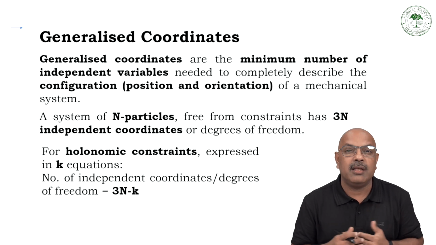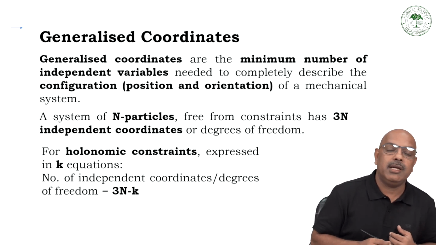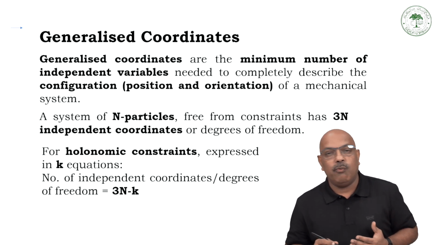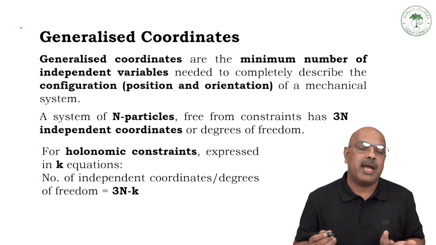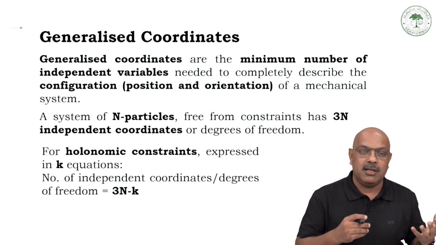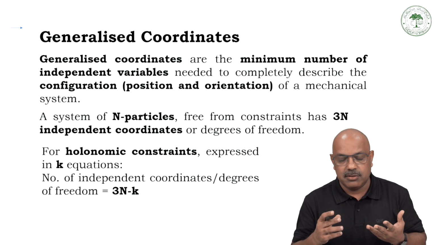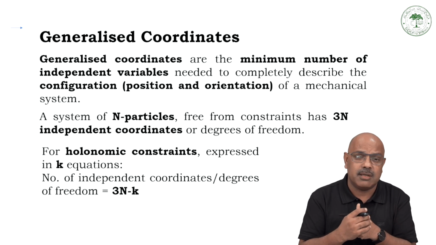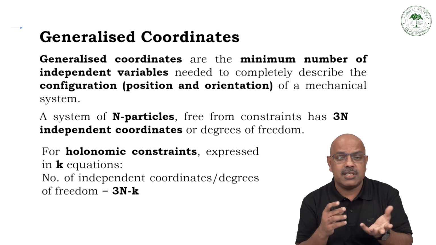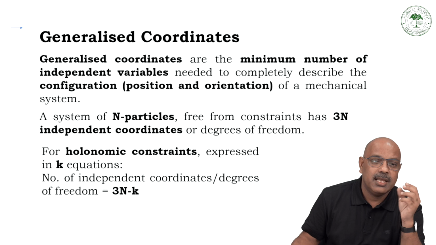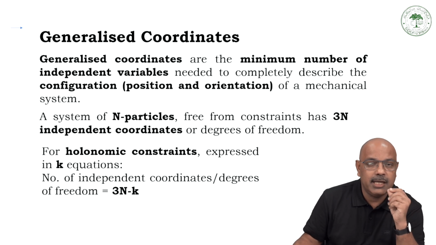Generalized coordinates are the minimum number of independent variables or coordinates we need to completely describe the configuration of a mechanical system, that is, its position and orientation. That minimum number of independent variables is known as the generalized coordinates.